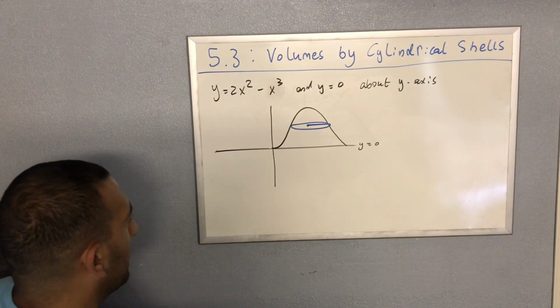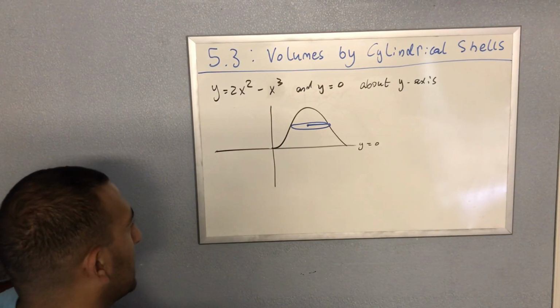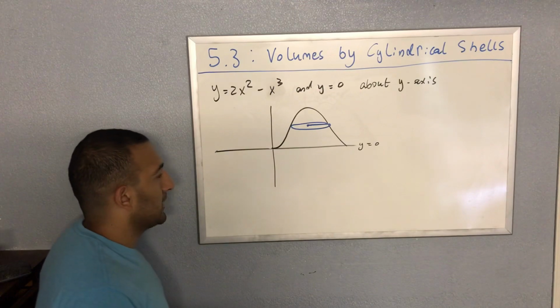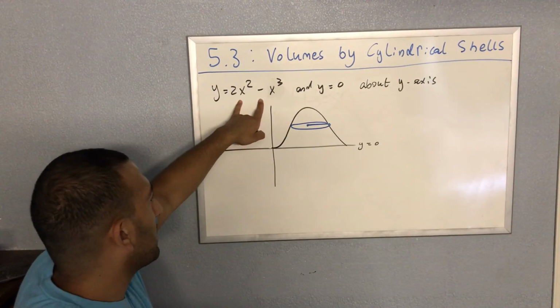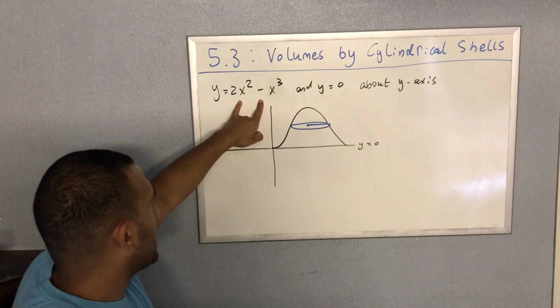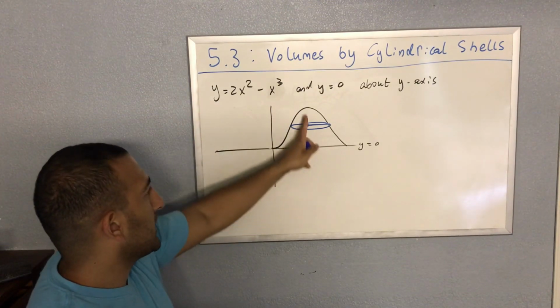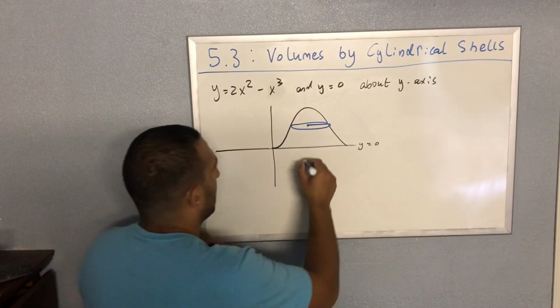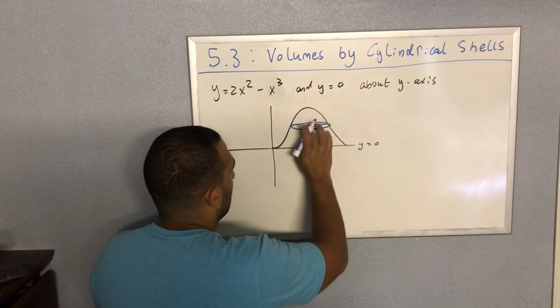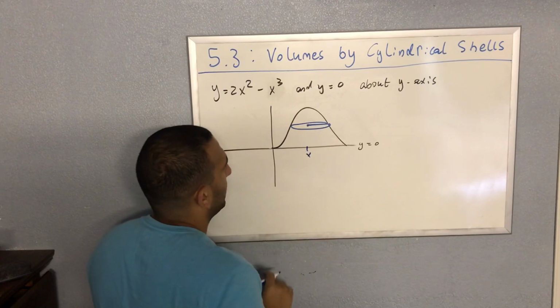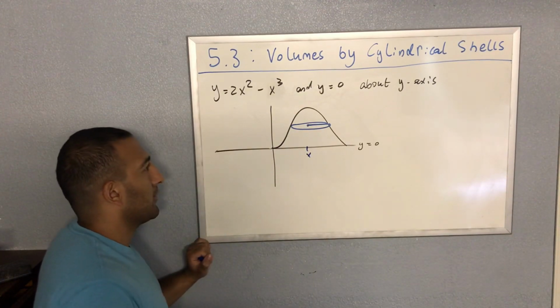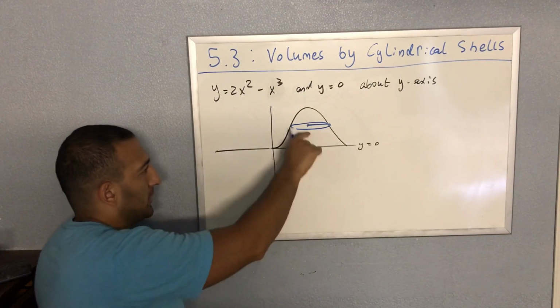But that's a little difficult because this function is a y equals function, right? So at any point x, it'll tell you how high you're going, as opposed to the radius. So that's already one issue.